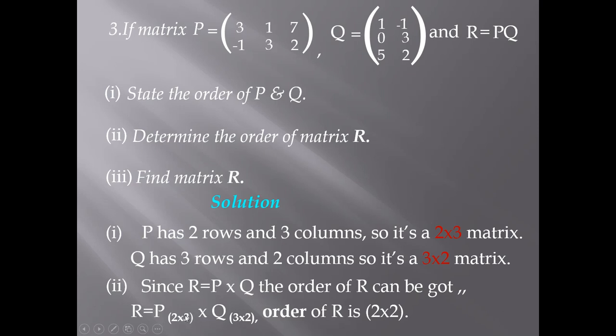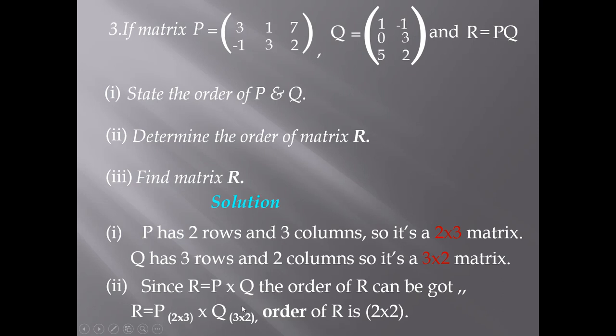P has 3 columns and Q has 3 rows, so meaning that P and Q can multiply. So the 3 and the 3 are the same. We can multiply, meaning that the product will be of order 2 by 2.